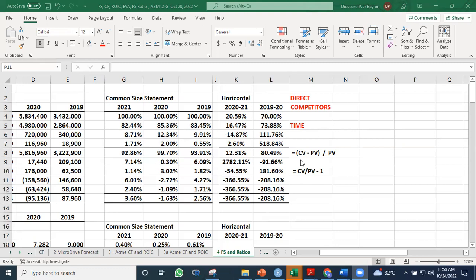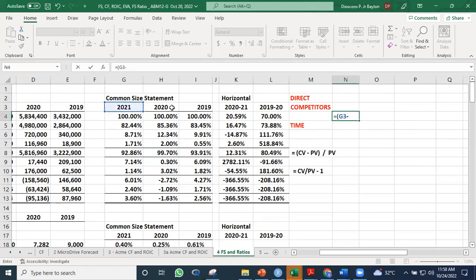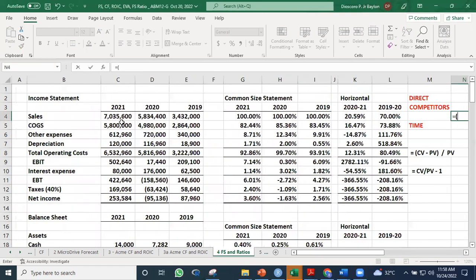Kasi kung ito gagamitin natin, of course you'll get the same answer, no? Is equal to, lalagyan mo pa ng parenthesis, current value minus previous value, close, divided by previous value.